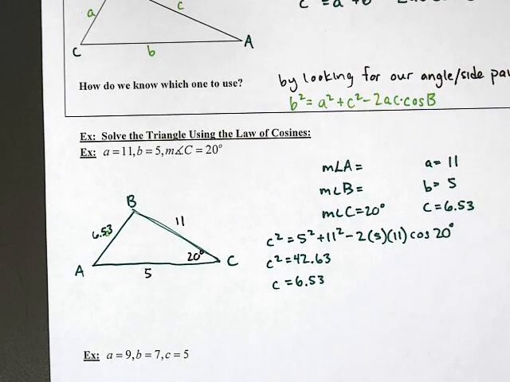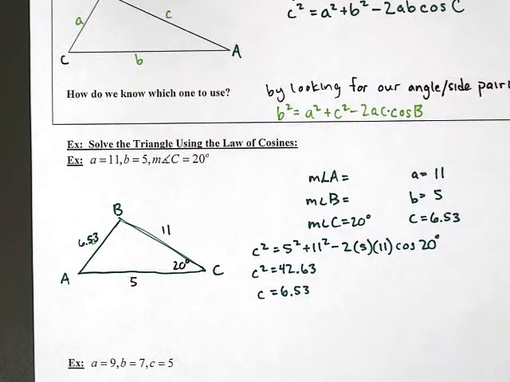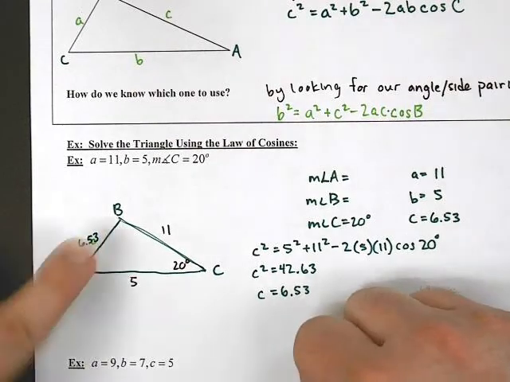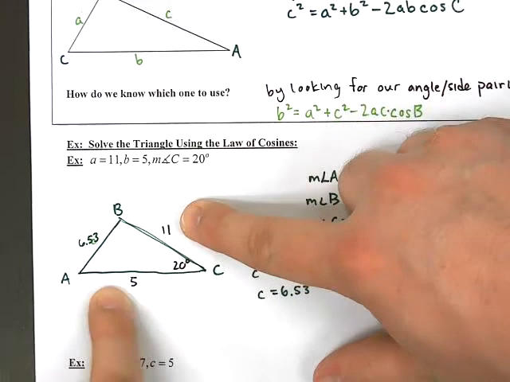Now we need to be really careful here, and this is a subject for another video that we're going to do in a couple of days, but we need to make sure that we get the smallest angle, or the next smallest angle, depending on size and what you're given. But right now that means, well, if I have a side of 5 and I have a side of 11, which angle is going to be smaller, A or B?